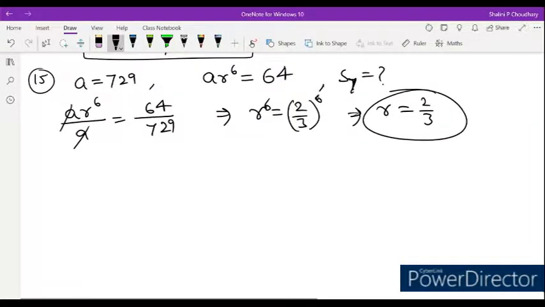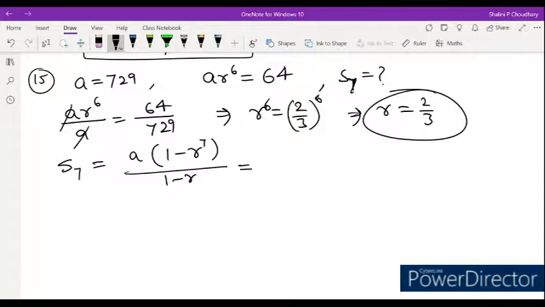Now by putting the values of a and r in the sum formula, S7 will be equal to a into r to the power 7 minus 1 divided by, here r is less than 1, so it will be 1 minus r to the power 7 upon 1 minus r.